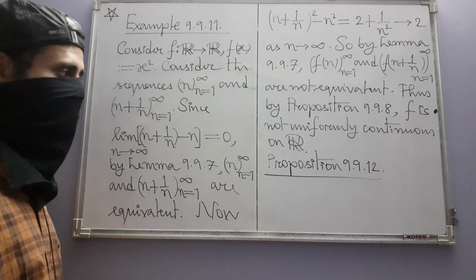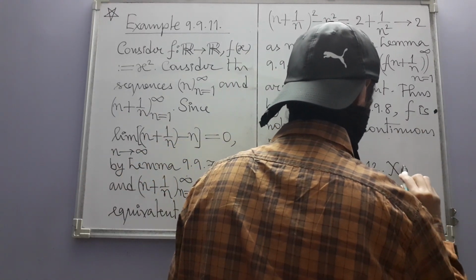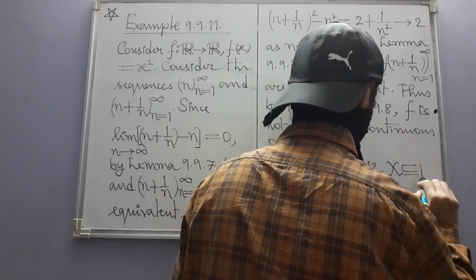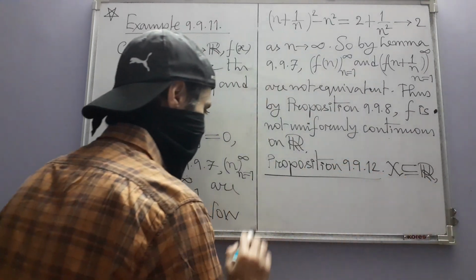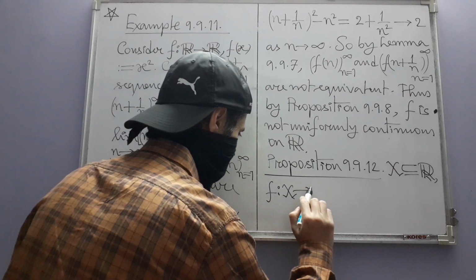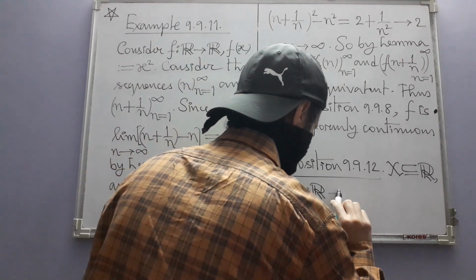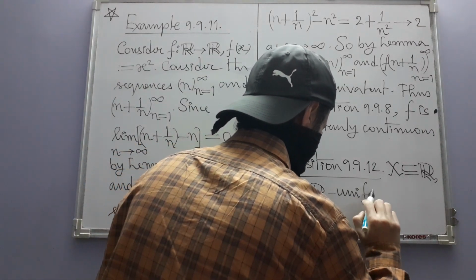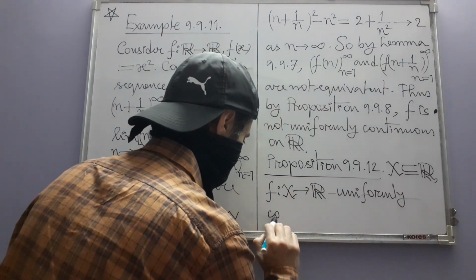And the proposition basically says this: X is a subset of R, non-empty subset of course, and f is a function from X into R, that is uniformly continuous on X.